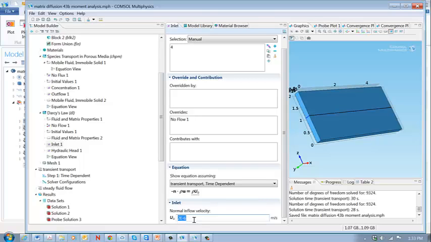The porosity of the fracture is 0.2, 1 over that is 5, and so 5 times 2e to the minus 6 is a velocity of 1e to the minus 5.